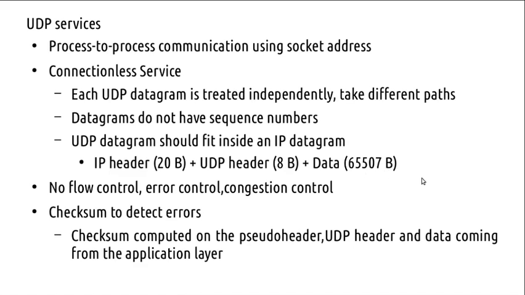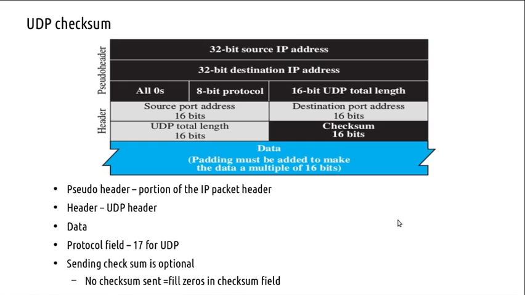It should fit inside the IP datagram. This is a pseudo header because it's part of the IP layer, with the 32-bit source and destination IP addresses. The protocol field is 17.